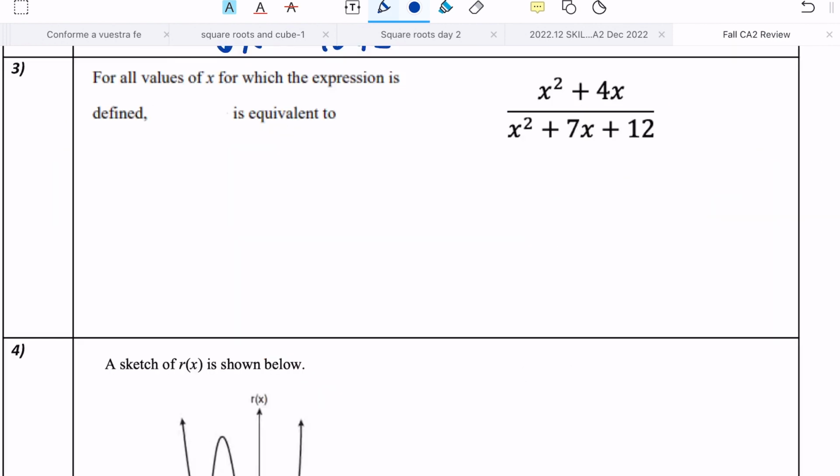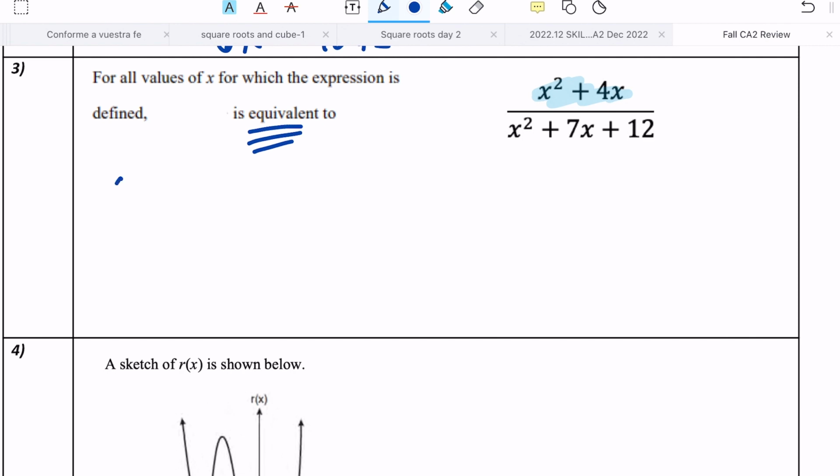All values of x for which the expression is defined, okay, we have x squared plus 4x divided by x squared plus 7x plus 12 is equivalent to, so we want to write an equivalent expression, okay? So what we first have to do is factor, see a GCF here. So there's actually a GCF of x.